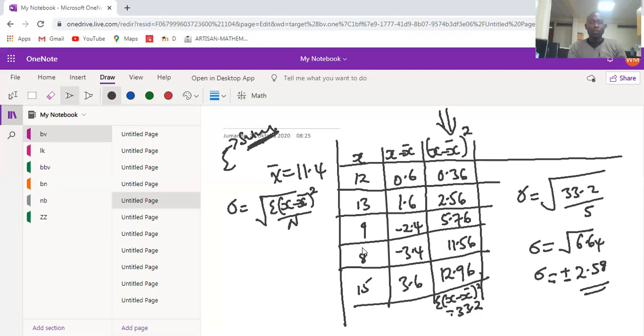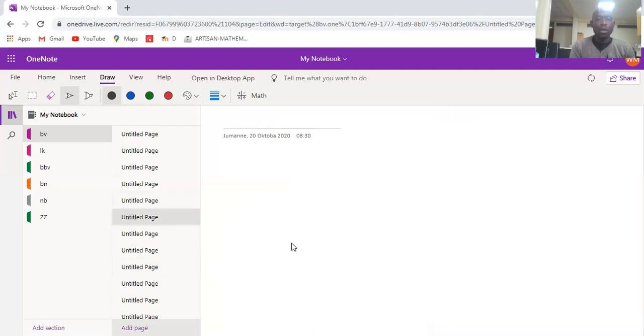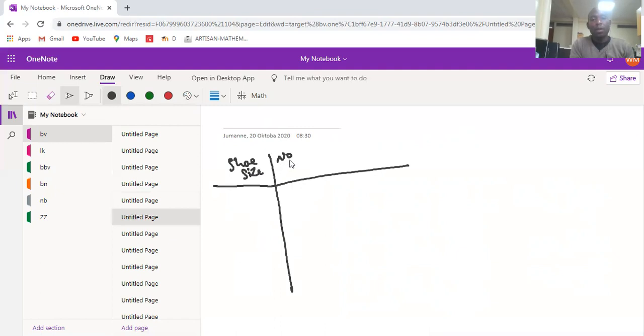Let us look at a case of grouped data. Before that, you can have another scenario like this. Maybe you are told that the shoe size of children is given as follows. You are given the shoe size, and here you are given the number of children.